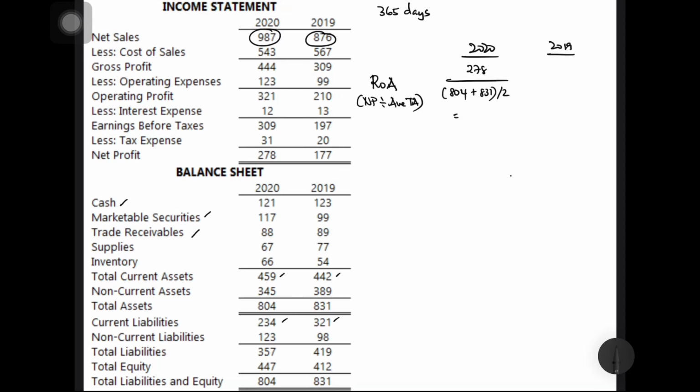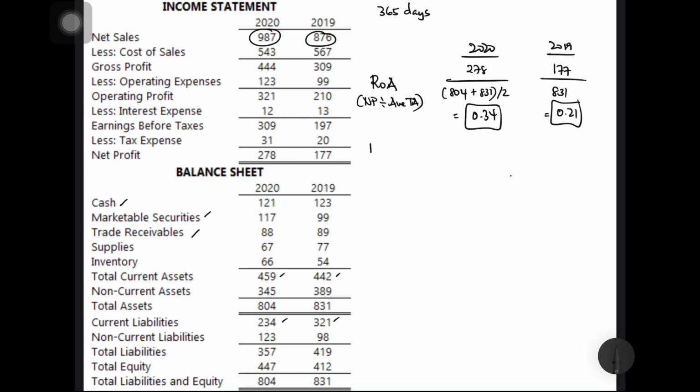Then for 2019, it's 177, and then just divide by your total assets that year. This is 0.34, and this is 0.21.